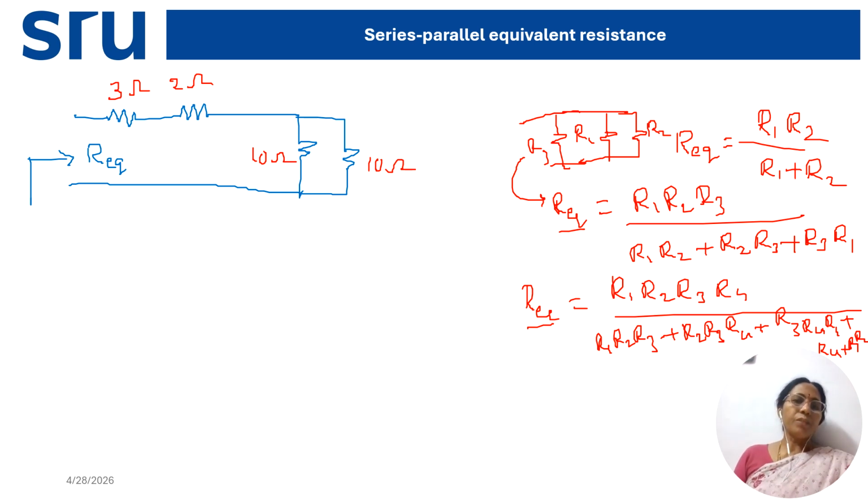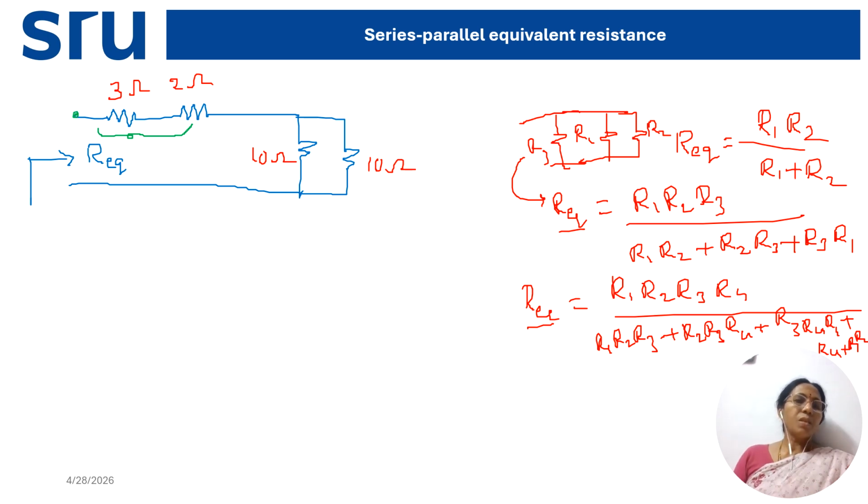Now, in this network, first of all, identify the elements and how they are connected. Here, the 3 ohm resistance and 2 ohm resistor are connected in series. When two elements are connected in series, what is the equivalent? R1 plus R2.